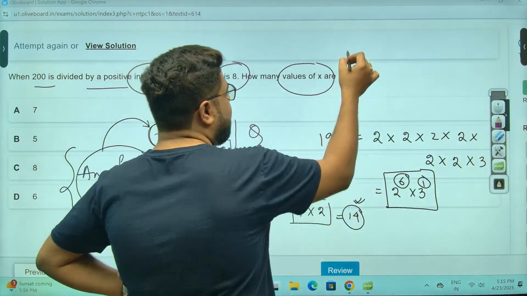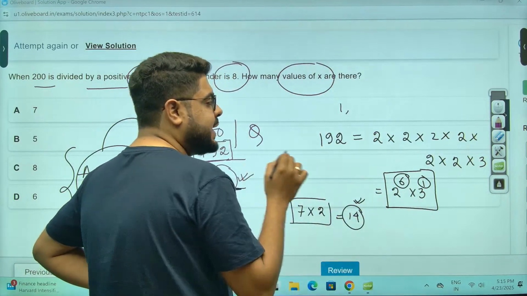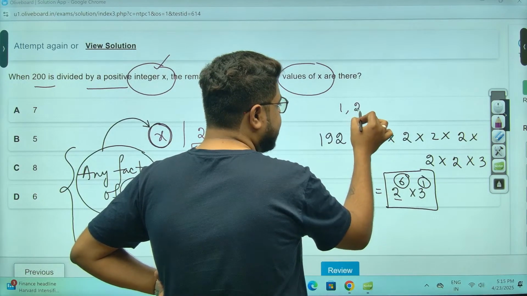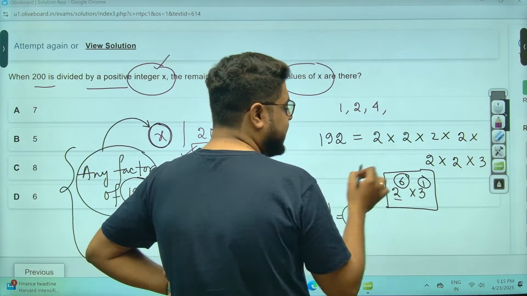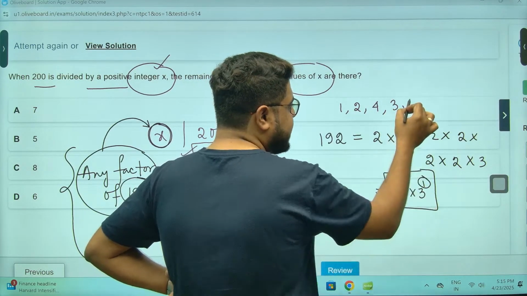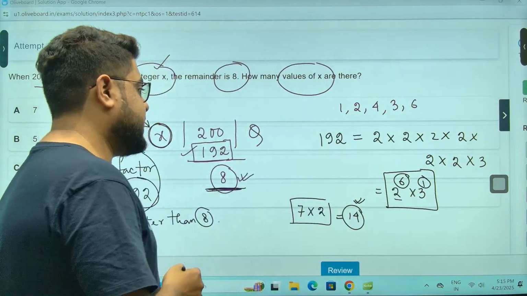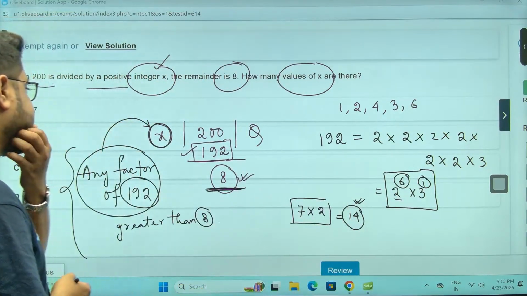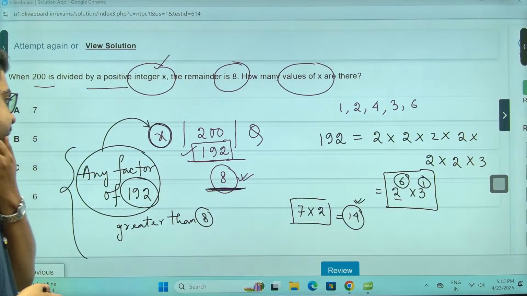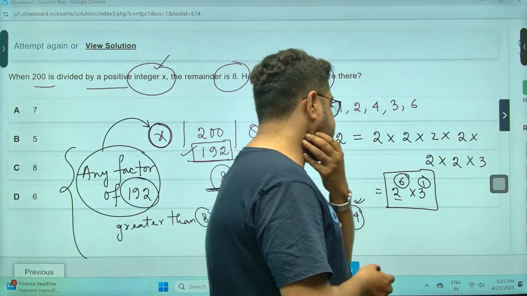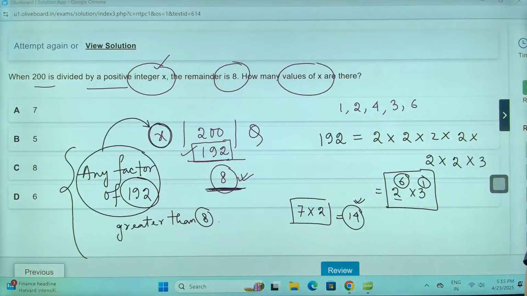Sir, first, 1 is a factor which will be less than 8. 2 is a factor less than 8. 4 is a factor less than 8. 3 is a factor less than 8. 2 into 3, 6 is a factor that is less than 8. Right. Anything else, sir?